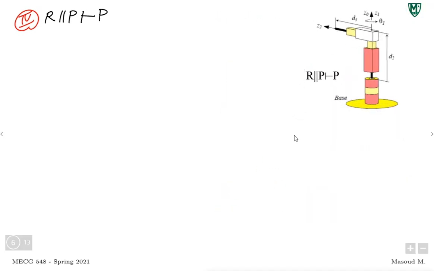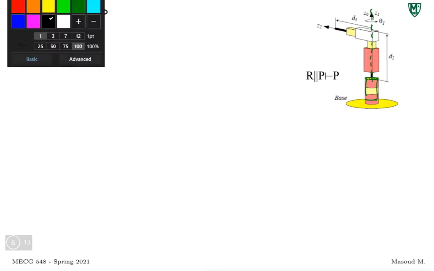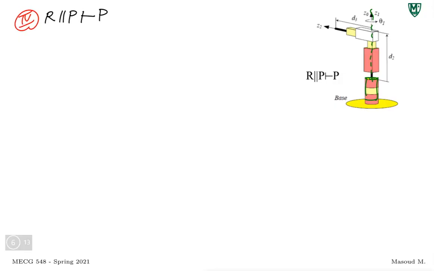Think about the first one, right? Well, we don't need to think about it. You can see it there. The first one is a revolute joint, and this is the axis for that. It rotates around that. Now the second one is a prismatic joint, right? Look at this part. This is the prismatic joint right there. Worst color I could choose.